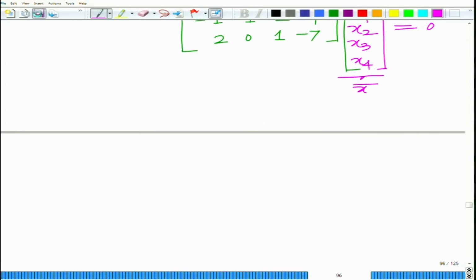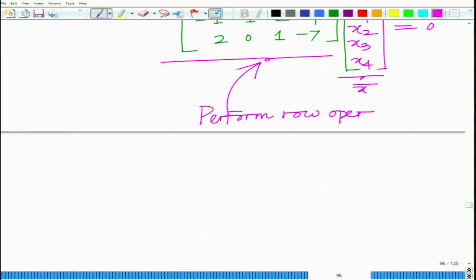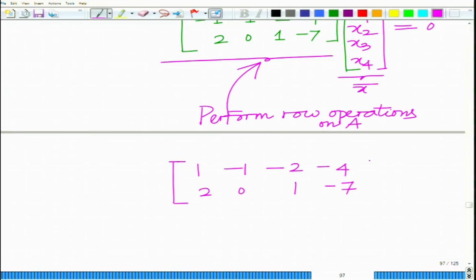Okay. What we will do now is perform row operations on the matrix A. So, we have 1, minus 1, minus 2, minus 4, 2, 0, minus 1 or 2, 0, 1, minus 7.